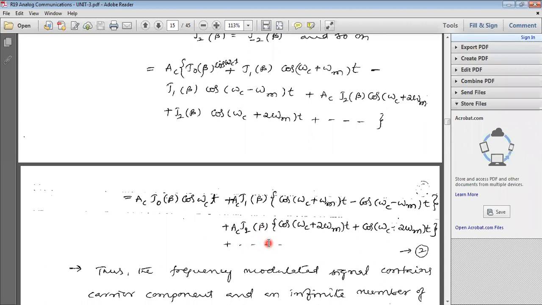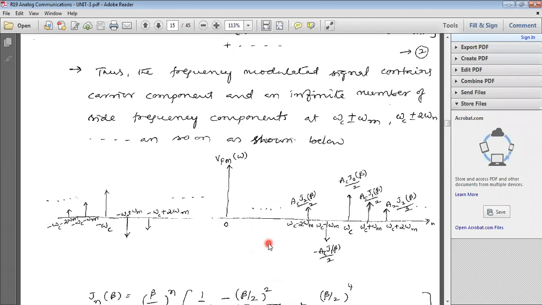If we draw the spectrum for this, in the next class I will again tell you the spectrum. Just observe here the middle frequency as omega c, the upper sideband at omega c plus omega m, which has the amplitude Ac J1(beta) by 2. Similarly, another upper sideband has Ac J2(beta) by 2, and another has Ac J3(beta) by 2. It has infinite terms, since the n value lies between minus infinity and infinity.